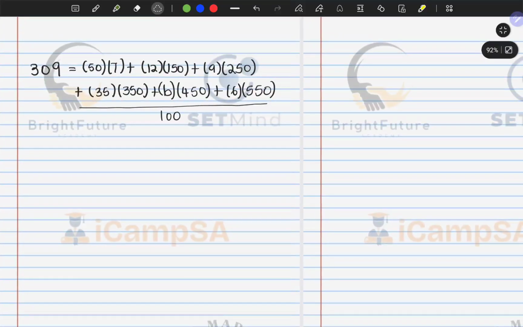So if we multiply by 100 on both sides, we'll end up having 30900, and this will become the first term. It will be 350. Then the second term, which is 12 by 150, which I'll double check, that becomes 1,800.